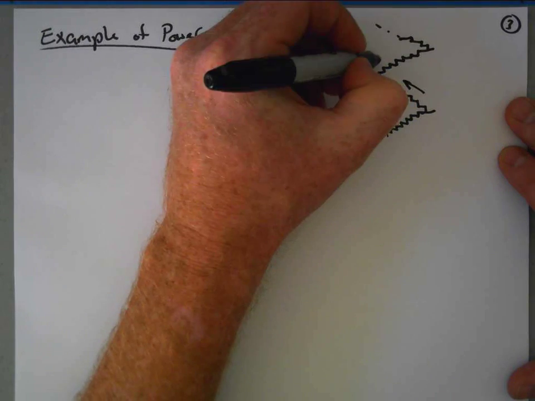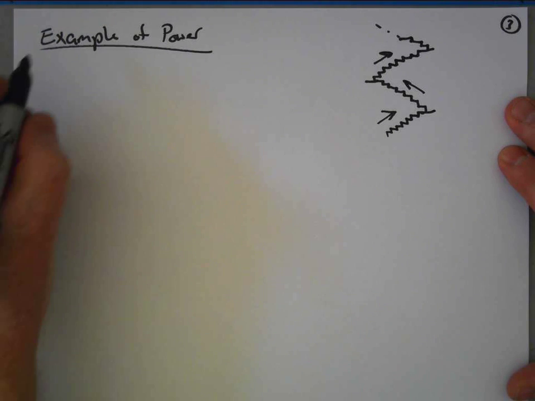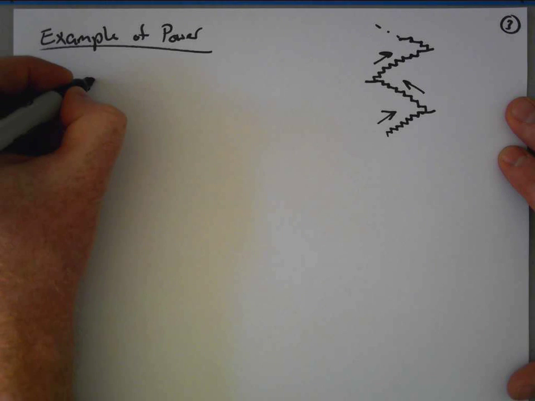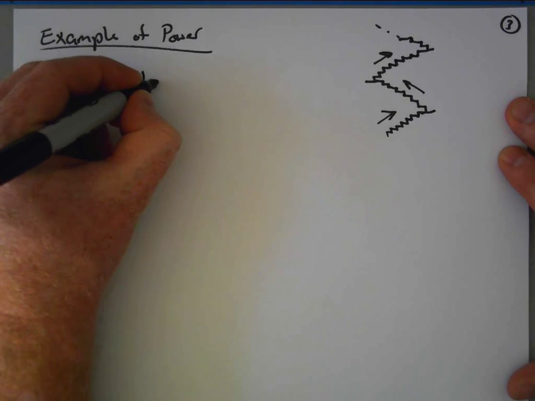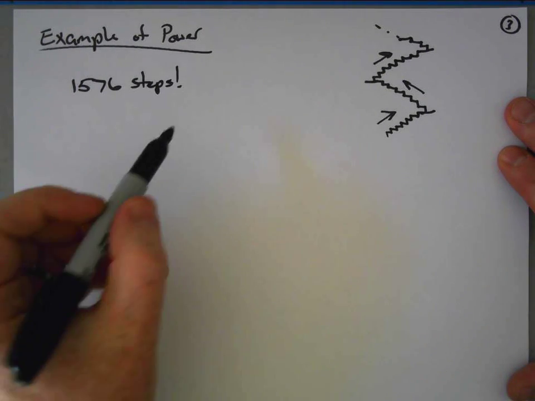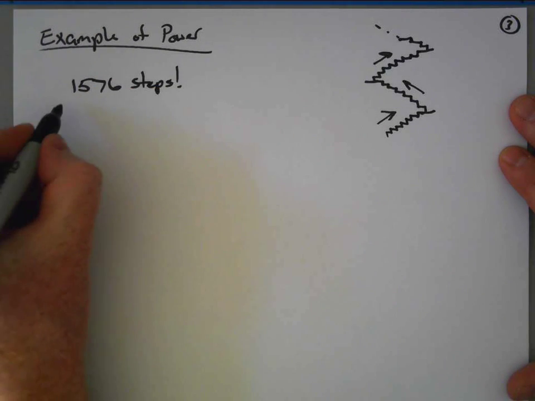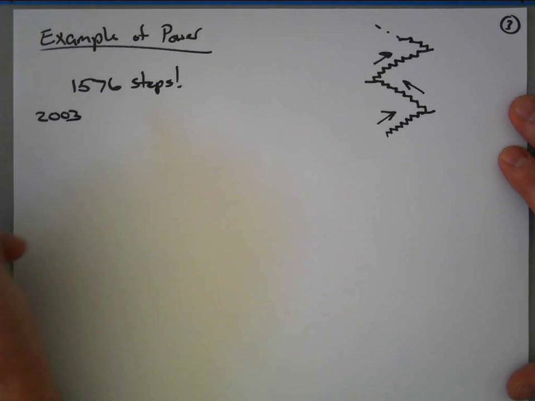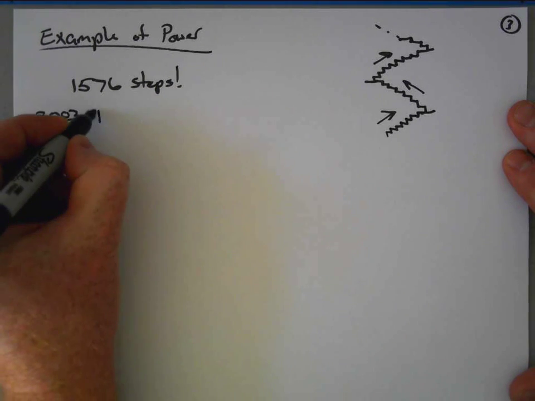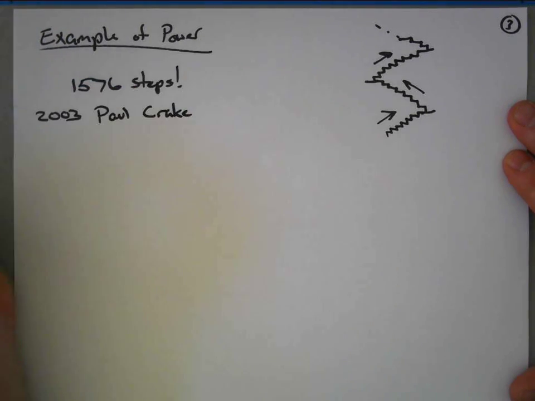Holy moly. And in the Empire State Building, there happens to be a total of 1,576 steps. Wow. So the race is broken down by age group, and it just turns out that in 2003 there was a man by the name of Paul, and I believe you pronounced it Craik.